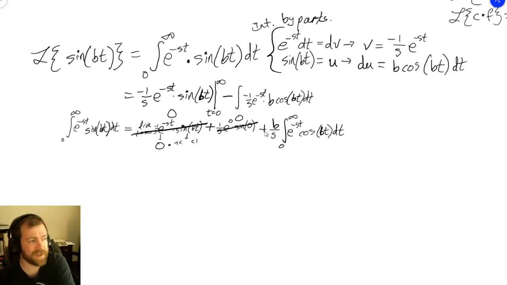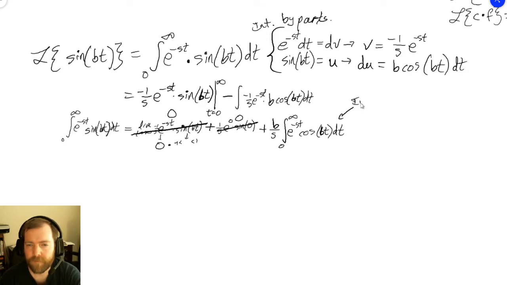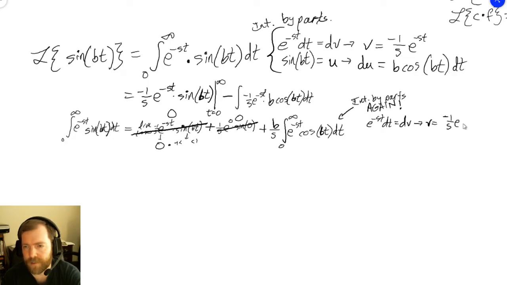Now we have to do integration by parts again. You oftentimes have to do integration by parts multiple times in order to make this work at all. So for this one, we're going to let e to the -st dt be our dv again, which means that our v is again going to be -1 over s e to the -st.